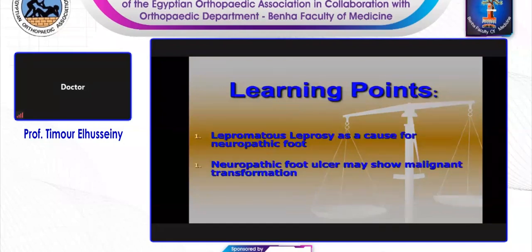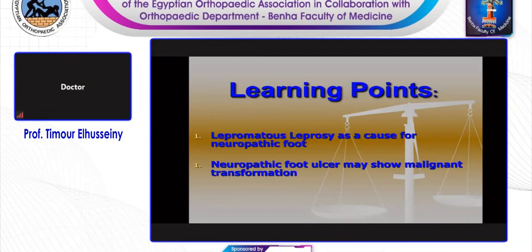We have two learning points. The message is simple. The first point is that although not commonly seen, we have always to remember that lepromatous leprosy is one cause of neuropathic foot. It's a cause of neuropathic everything nearly, but it is one cause of neuropathic foot.